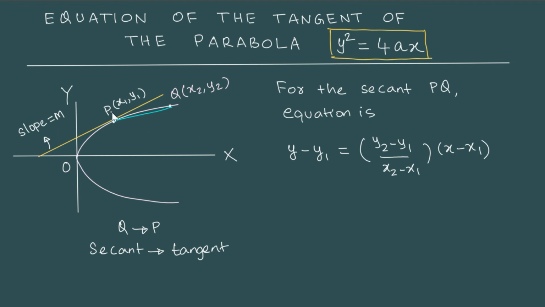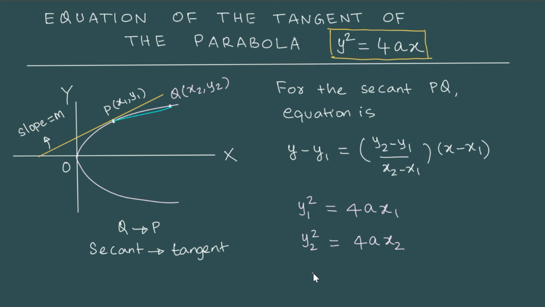If I substitute the coordinates of P, I will get y1 square is equal to 4ax1. If I substitute the coordinates of Q, I will get y2 square as 4ax2.